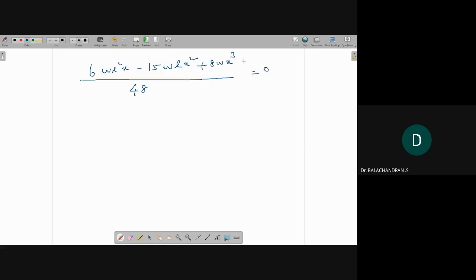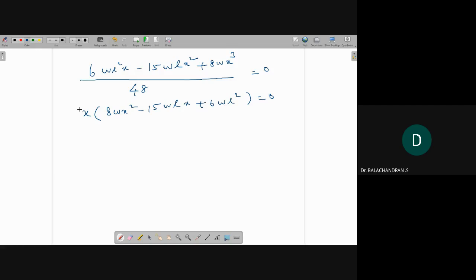So just cross multiply and take x commonly from the numerator. You'll get a quadratic equation 8 omega x square minus 15 omega L x plus 6 omega L square equal to 0.